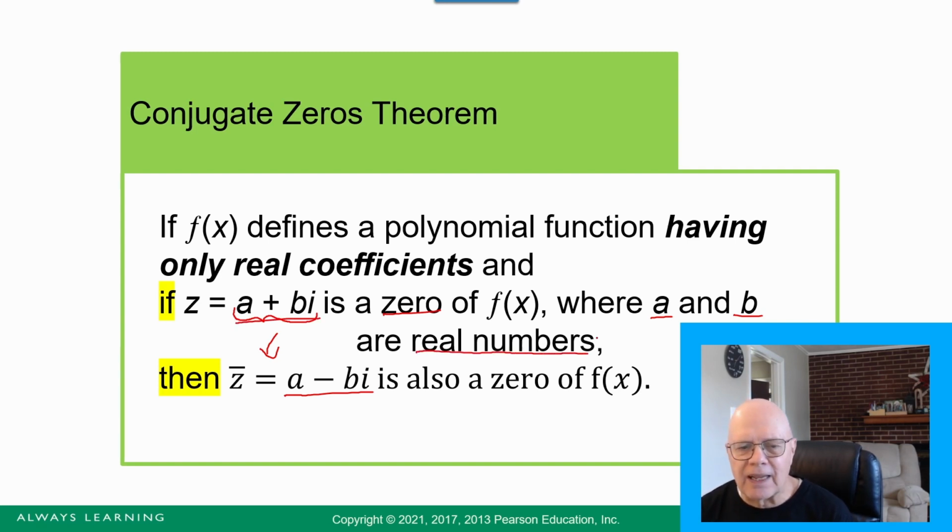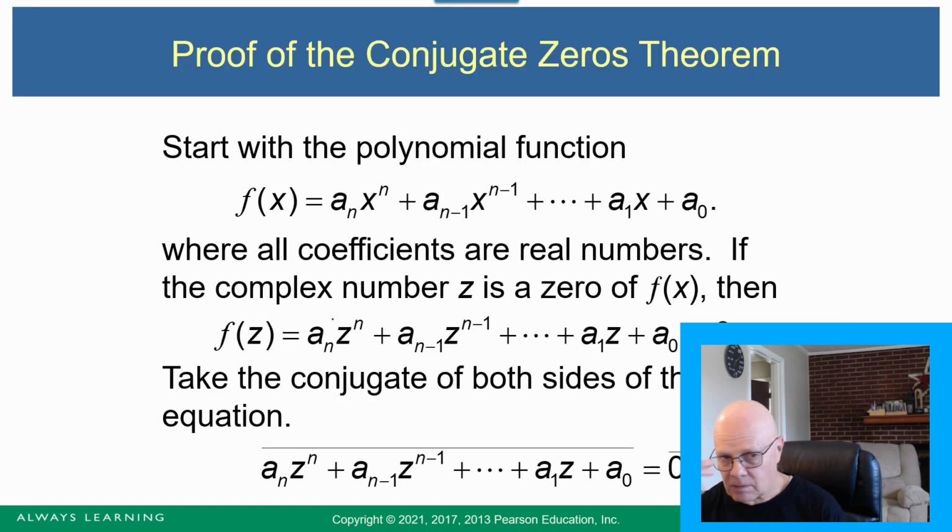We're not going to get into something so exotic that we'd have non-real numbers for a and b. So a plus bi, you automatically have a minus bi, and vice versa. If you're told this is a 0, then that's a 0.